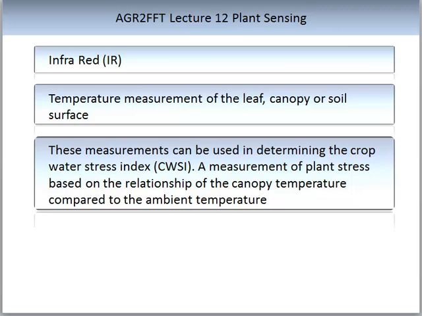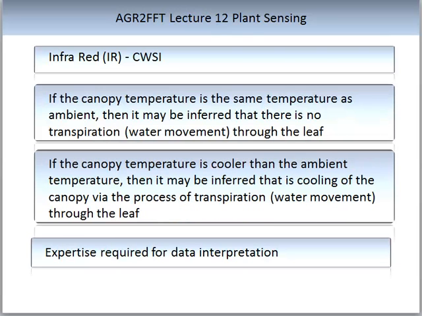The crop water stress index is a measurement of plant stress, and it is based on the relationship of the canopy temperature compared to that of the ambient temperature. What does the crop water stress index actually tell you? Well, it's quite simple.